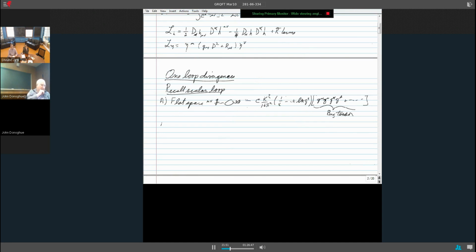And then there was a bunch of tensors, q is the momentum here, because this has indices mu, nu, alpha, beta, q mu, q nu, q alpha, q beta, plus all sorts of other stuff. Okay, so there's some big tensor there.